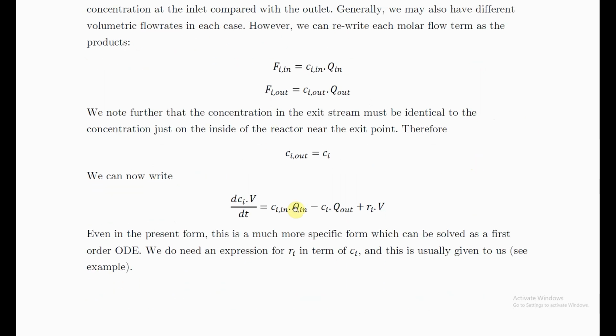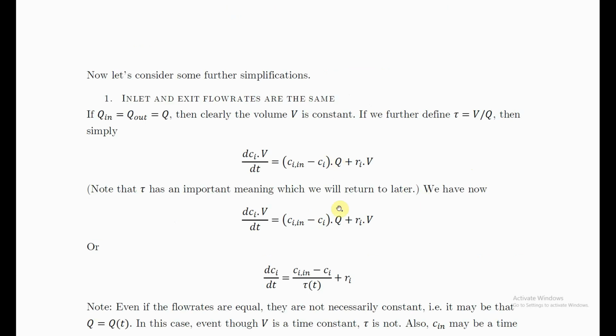we had said here we've got Q in equals Q out equals Q, so we can make both these Q, and then we can group the Q's together. So that's your volumetric flow rate Q, and you've got RiV here. So we can go ahead and divide through by volume, and just be careful when you've got a variable that you want to cancel, and that variable is sitting inside a derivative, you want to make sure that this variable is not a time function.